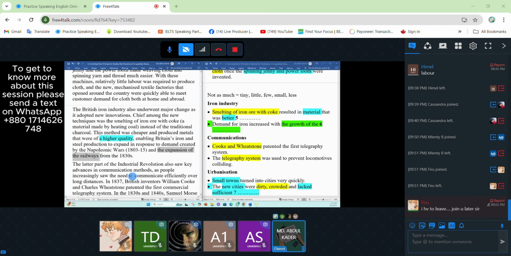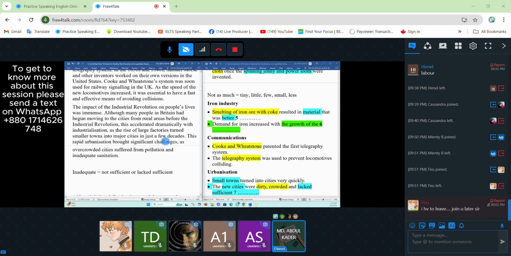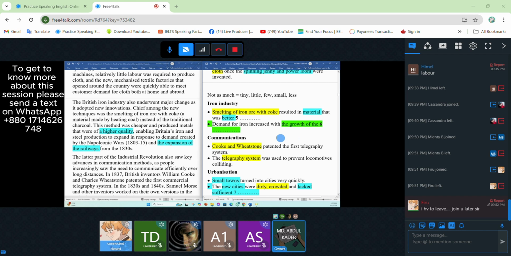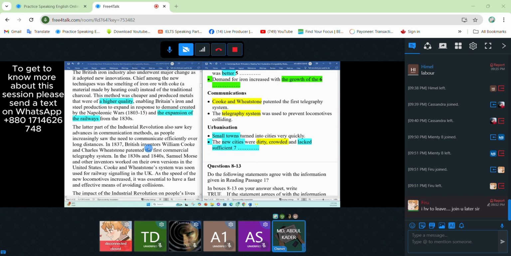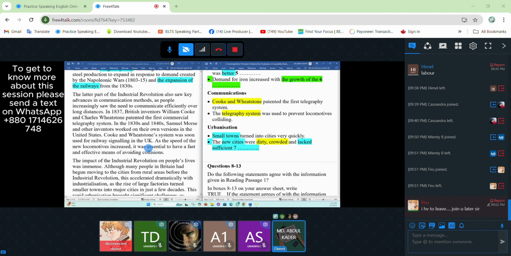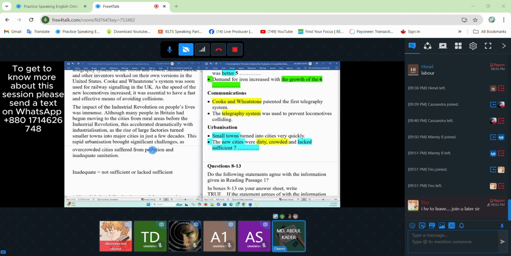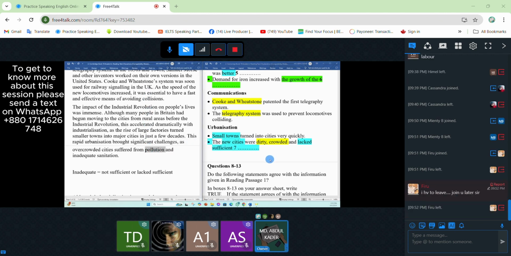Growth means expansion, right? Instead of dirty, we've got the word pollution. Crowded means overcrowded. Lacked sufficient means inadequate. Inadequate means lacked sufficient or not sufficient.